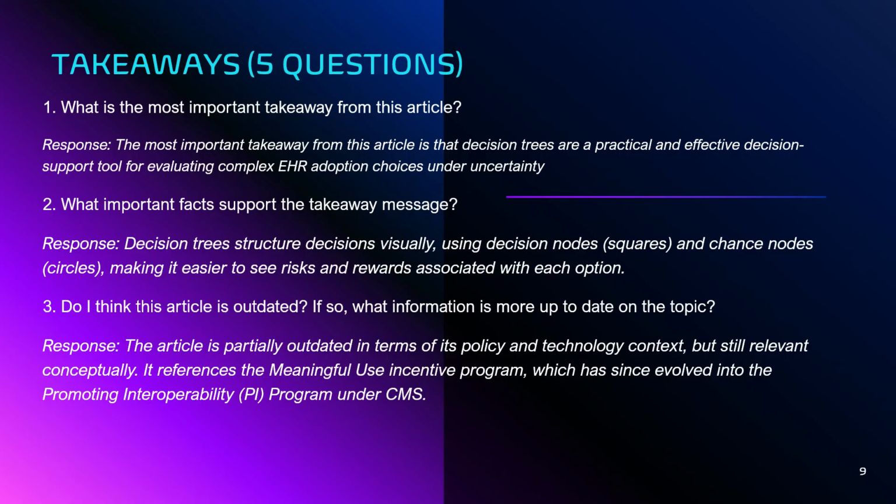Now, modern EHR decisions place stronger emphasis on cybersecurity, ransomware risk, cloud-based systems, and AI-assisted clinical decisions. However, the decision tree itself remains current and widely applicable. The analytical framework for evaluating uncertainty, trade-offs, and expected value is still used today in healthcare informatics and operations management.